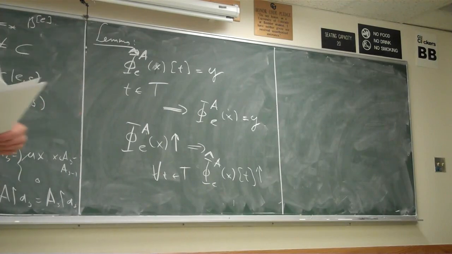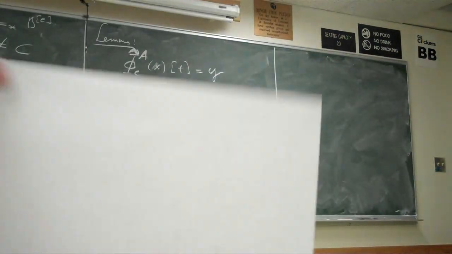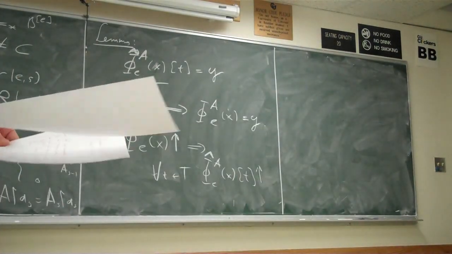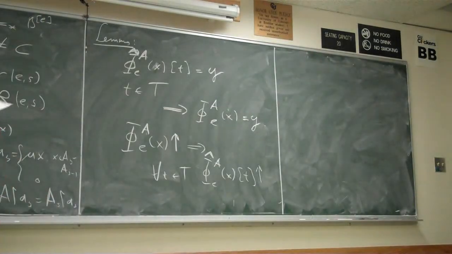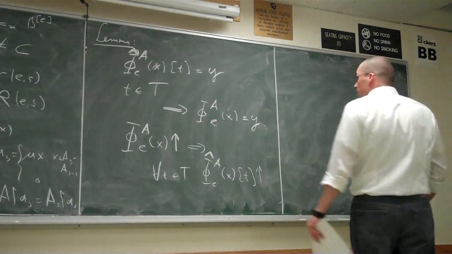Nothing happens because being a true stage means the use has stabilized. And that's the only way things could go wrong with a computation, if the use changes.